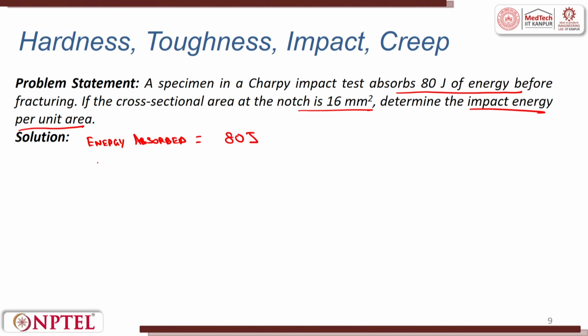Then we have the cross sectional area, equal to 16 millimeter square, which is equal to 16 into 10 raised to power minus 3 meter square, which is equal to 16 into 10 raised to power minus 6 meter square. So impact energy per unit area.